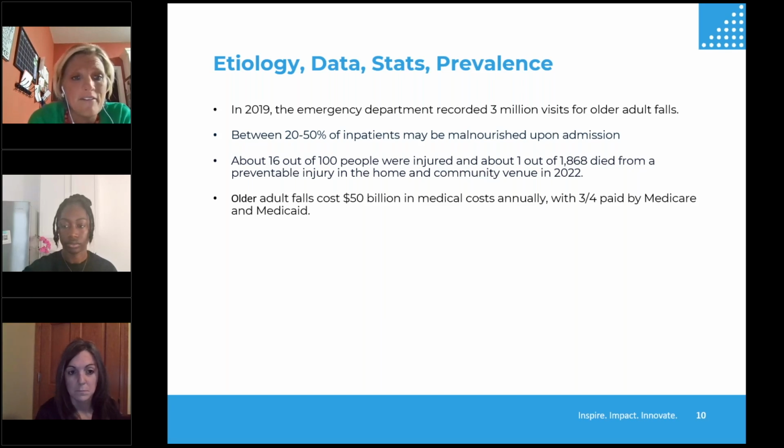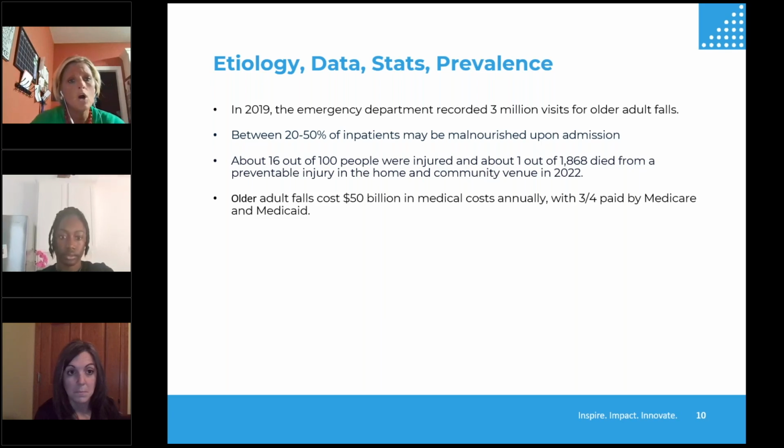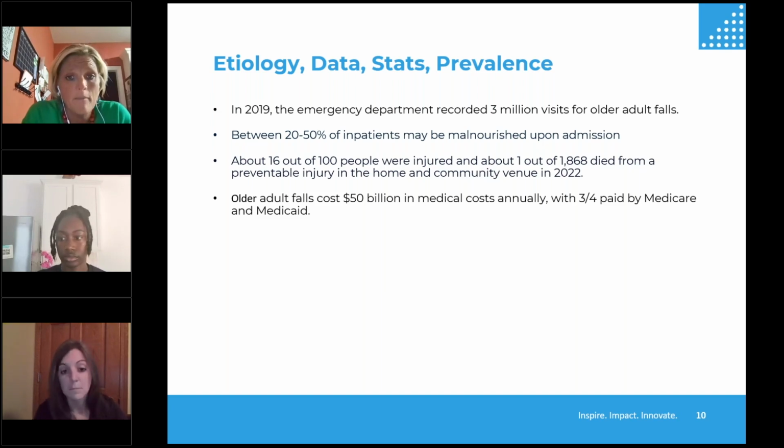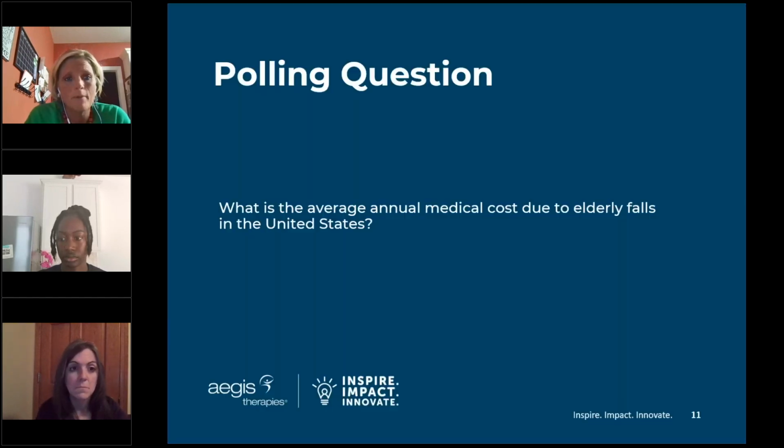About 16 out of 100 people were injured, and about 1 out of 1,868 actually died from a preventable injury in the home and community venue, and that's from 2022. Older adult falls often cost a lot of money as well, about $50 billion in medical costs annually, with 3/4 of that paid by Medicare or Medicaid. So it's a significant amount.